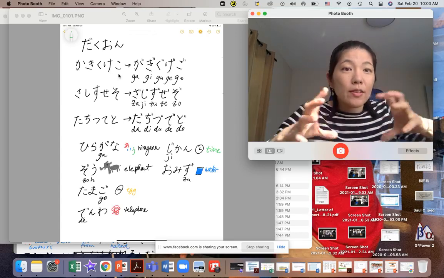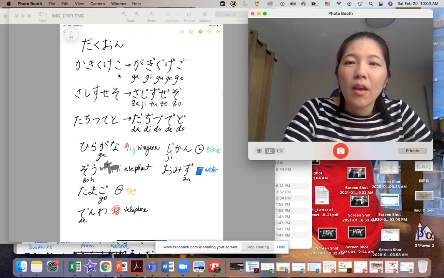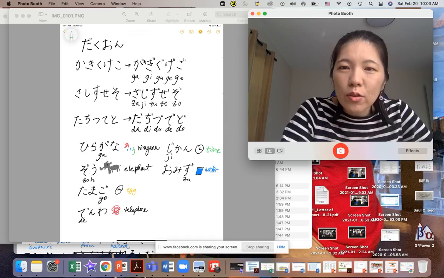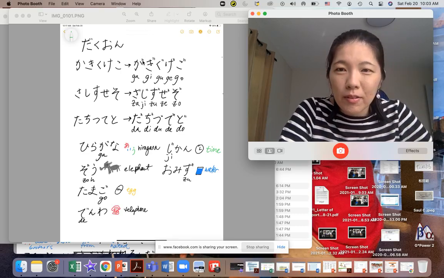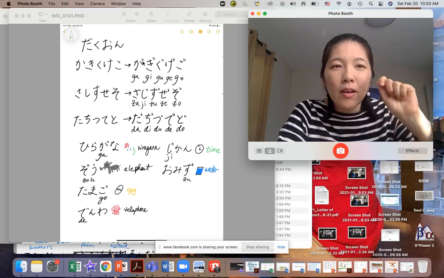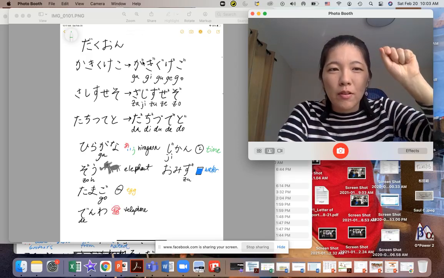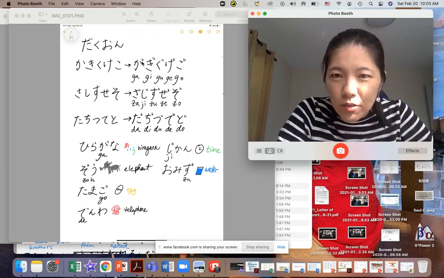That's a standard regular kakikukeko that we've covered before. And dakuon would be these set. The only thing you have to do is put two little commas, one on the top. It's bigger than a comma, so that's why I say comma. It's like a little bit of line to it. It's not a dot, as you can see.